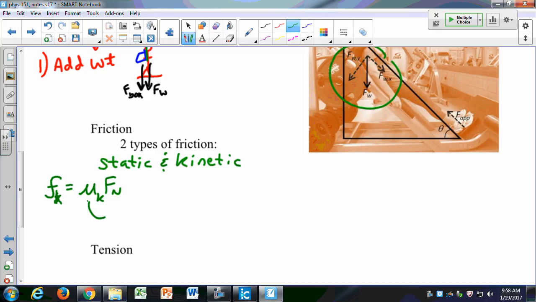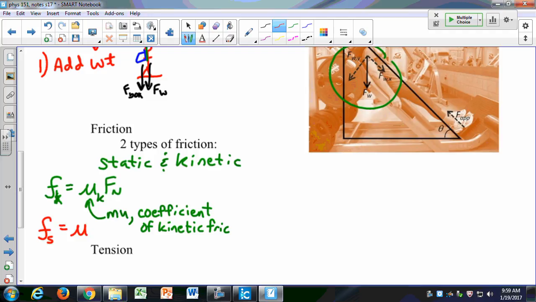This is the Greek letter mu, the lowercase Greek letter, and it is the coefficient of kinetic friction. In a similar way, for static friction, which we're going to use Fs, it's equal to mu s times the normal force. So we have different coefficients of kinetic and static friction.